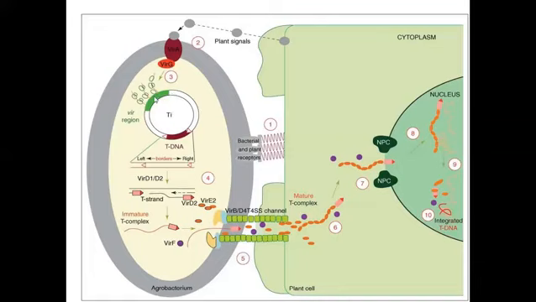from the target DNA. From the target DNA, mRNA is synthesized by the transcription mechanism with the help of virulent G, virulent D1, virulent D2, and virulent E2.